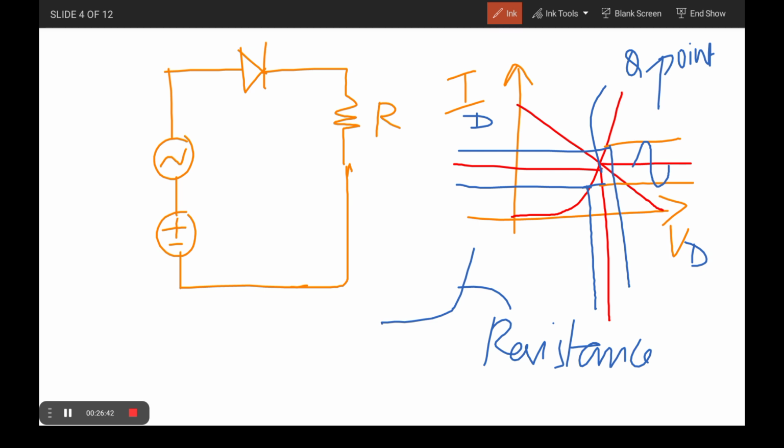That's why, when the p-n junction diode behaves with a straight line or linear behavior, it allows the small signal into the circuit. But to make the diode behave linearly, first you have to set the diode at the quiescent point. Then only will you get the corresponding analysis.